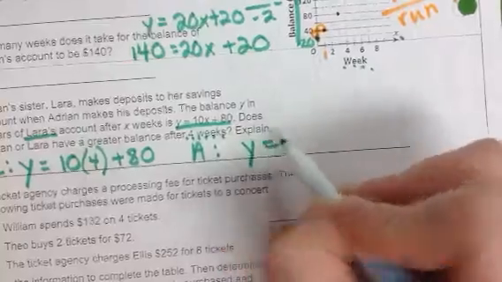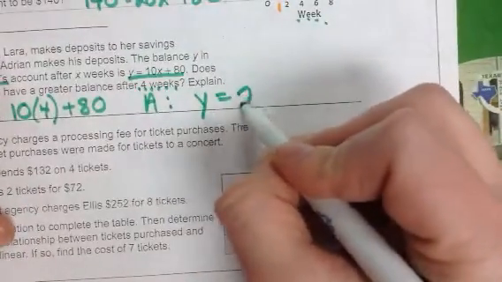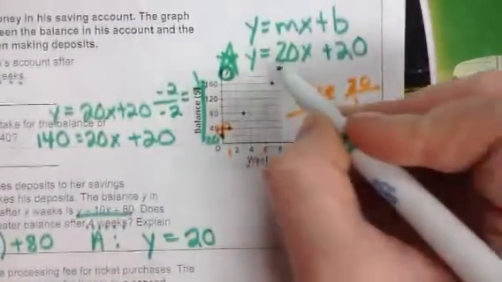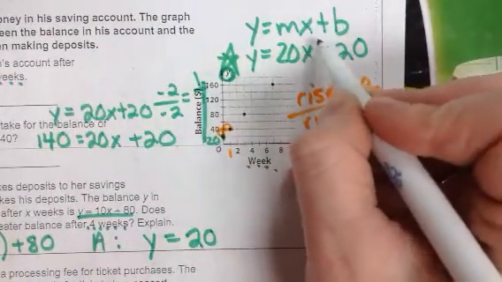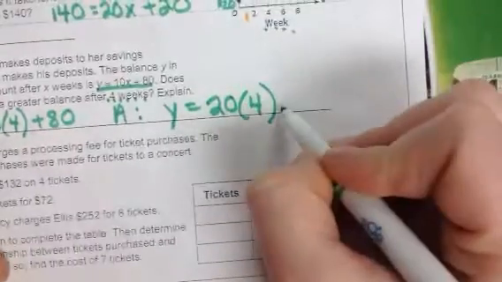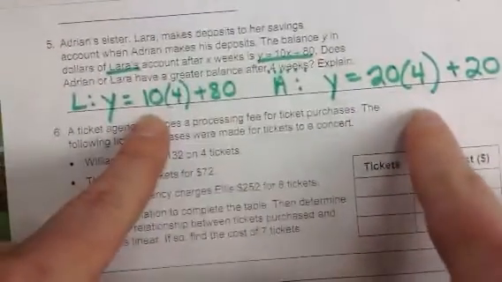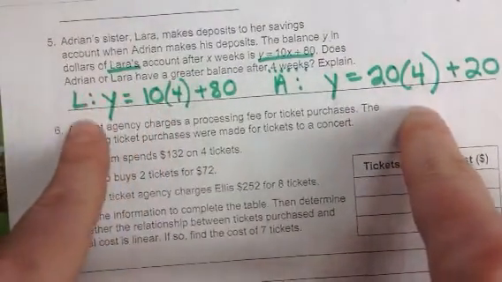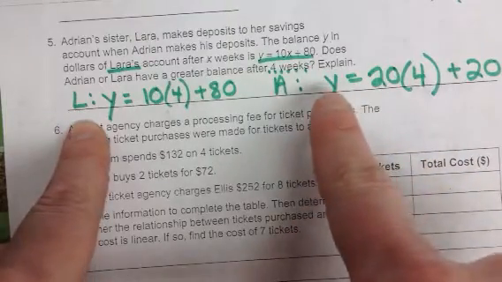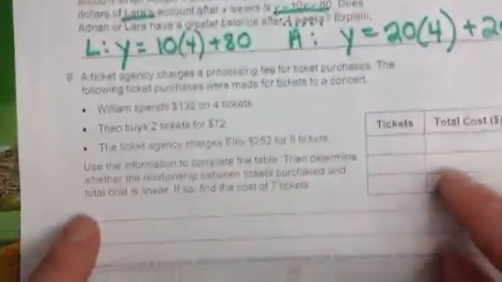And then for Adrian, we wrote out this one, Y equals 20. Then it's multiplied by X, which stands for the number of weeks. They're asking about 4 weeks. And his said plus 20. So you'll just punch these in to see, well, how much is Lara's and how much is Adrian's. And it's asking who has the greater balance. So that should be easy.